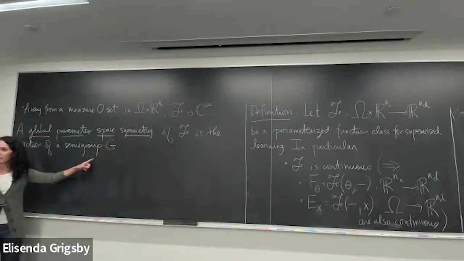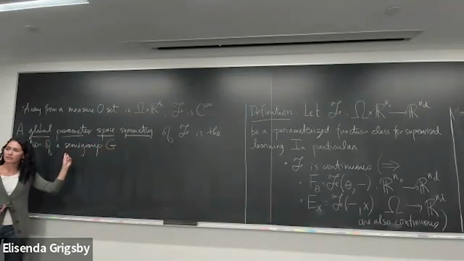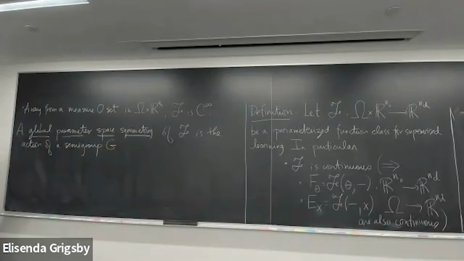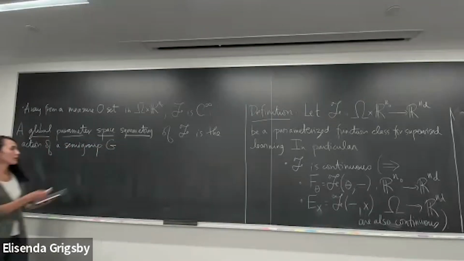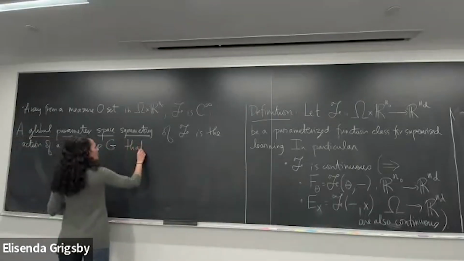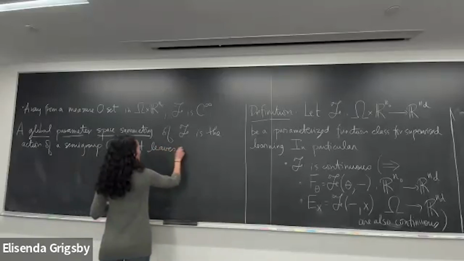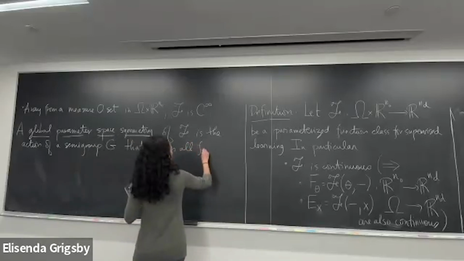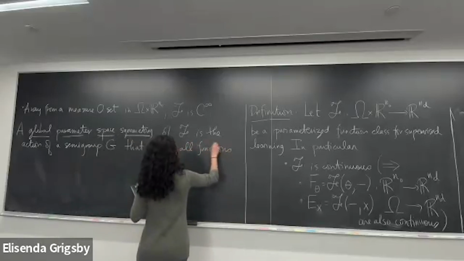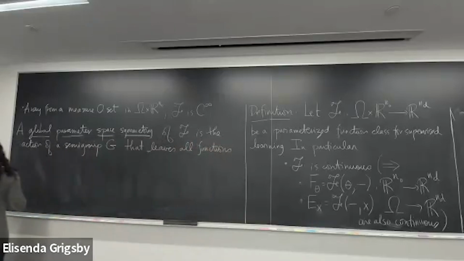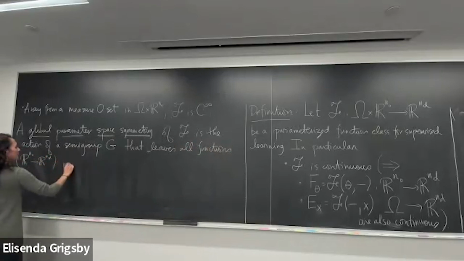You probably know what a group is. A semigroup, you don't necessarily have inverses, but you have an identity and group multiplication. It is the action of a semigroup G that leaves all functions R^n0 to R^nd invariant.